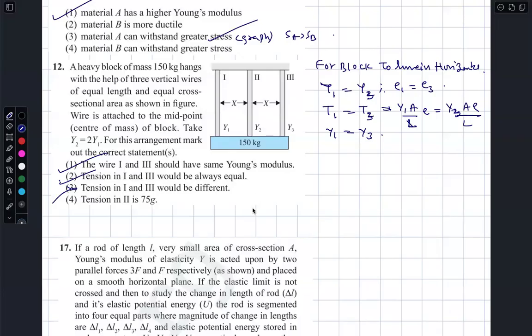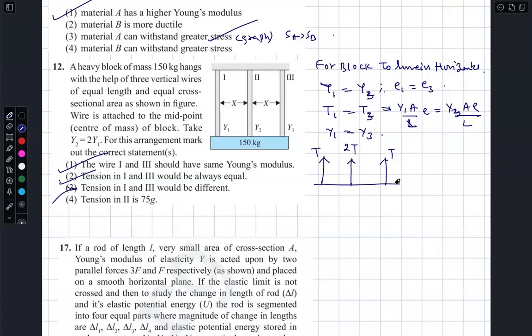Next, one more important point is elongation is same in all the three. Hold on. So if tension is T here, tension is T here, at this point the Young's modulus of this is double that of this. For the same elongation, Young's modulus is double. So 2T.